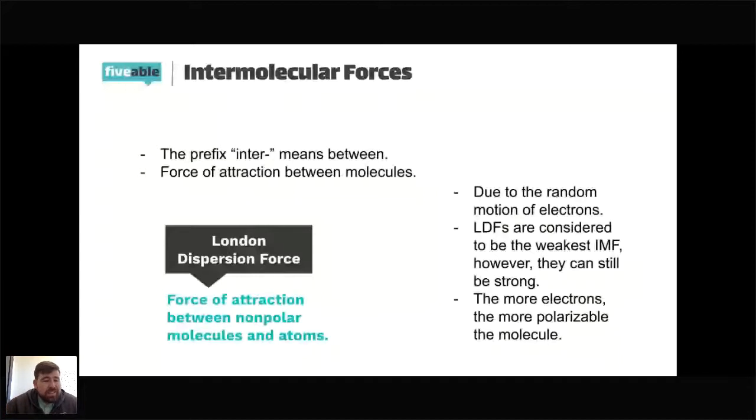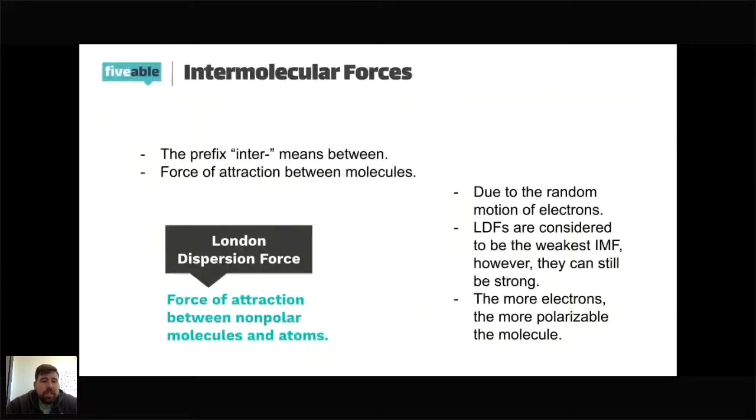What this says is that the London dispersion forces in wax are supposedly stronger than the hydrogen bonds in water. And the evidence is that wax is a solid at room temperature while water is a liquid.